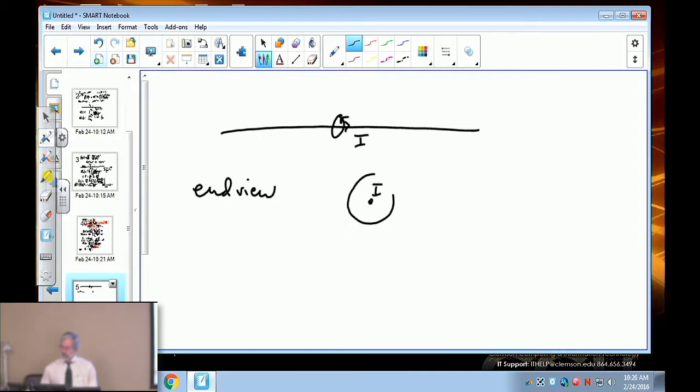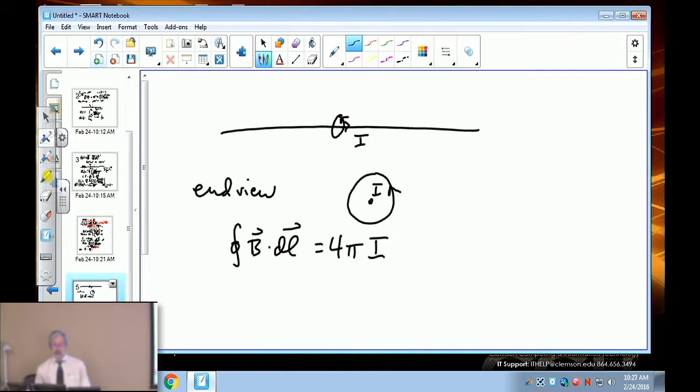This is not a physical circle, it's just an imaginary circle, and we're going to use that to apply Ampere's circuit law. The integral of B dot dl is 4 pi times the current that pierces that loop, which in this case is just the current that's in the wire.